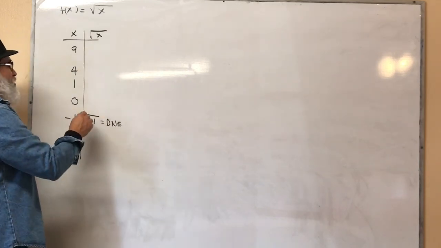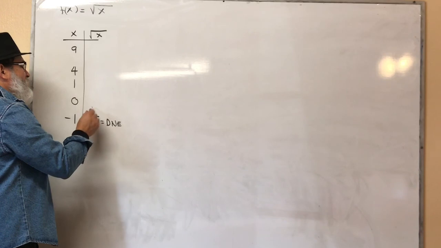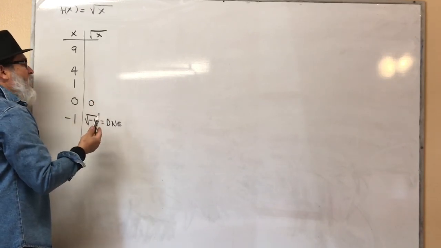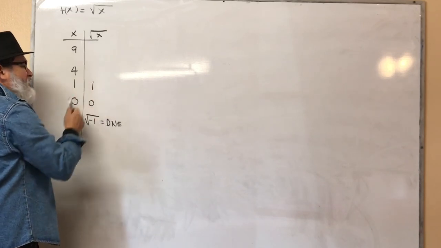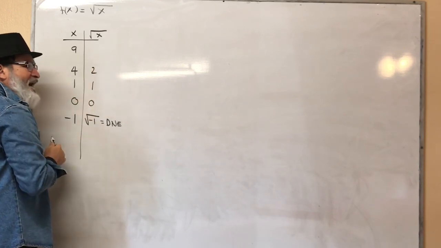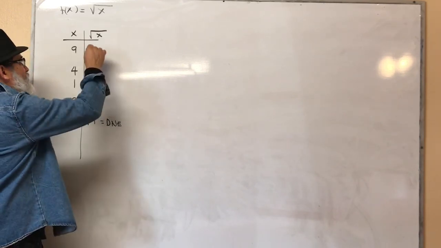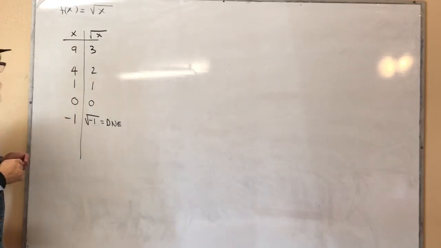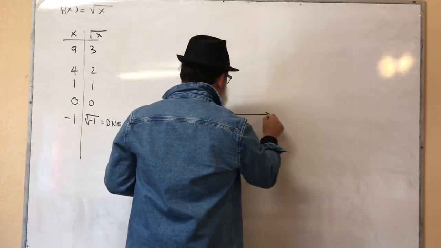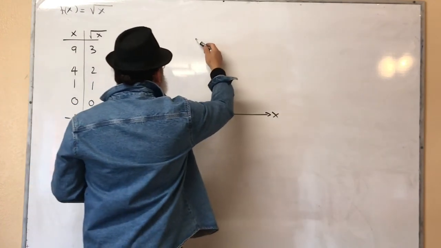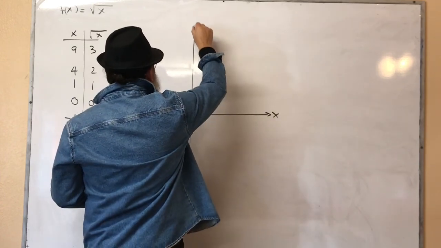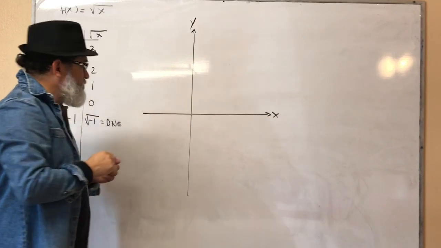If x is 0, what is the square root of 0? 0. If x is 1, what is the square root of 1? 1. If x is 4, what is the square root of 4? 2. If x is 9, what is the square root of 9? 3. Let's graph it. Here's the x-axis. My y-axis is a little bit crooked, but that's fine. Here's the y-axis.